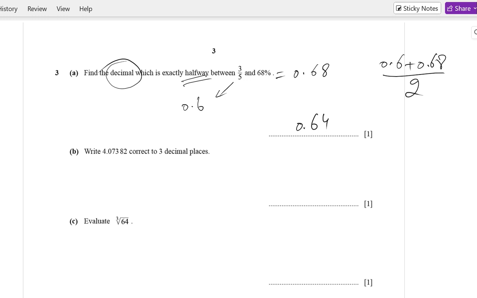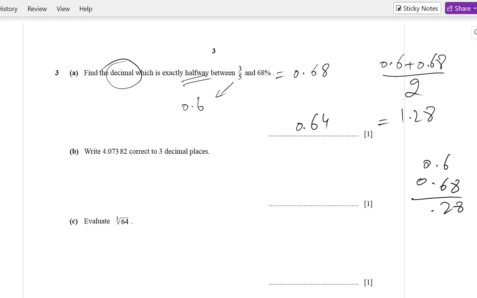This is the thing you ought to do. So it would be 1.28, and 1.28 when taken into half, that would be 0.64.